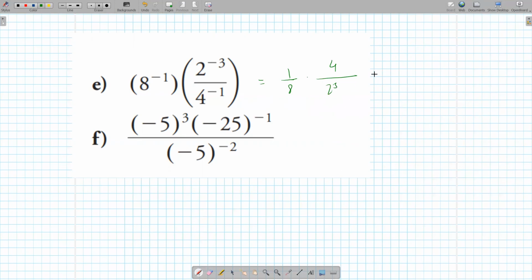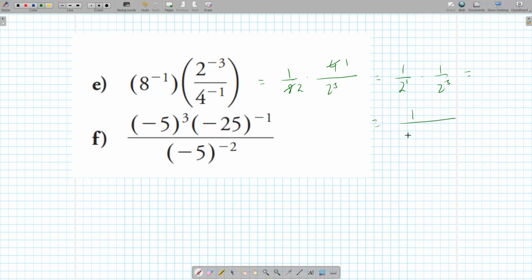All right. So then, look at this. 4 goes into itself once, 4 goes into 8 twice. So you have 1/2 times 1/2 to the 3. What does that give? This is the same thing as 1 times 1.